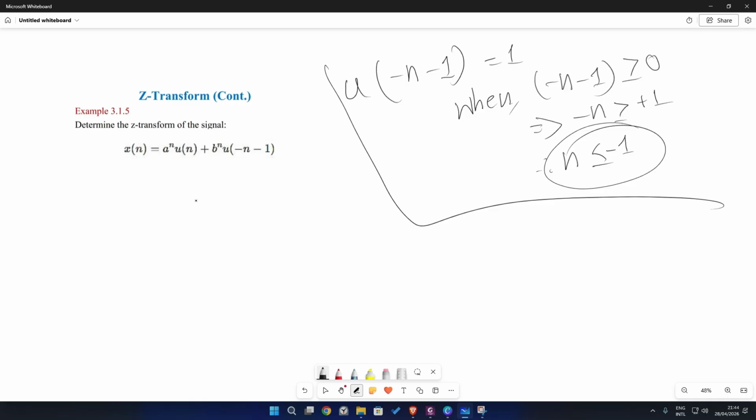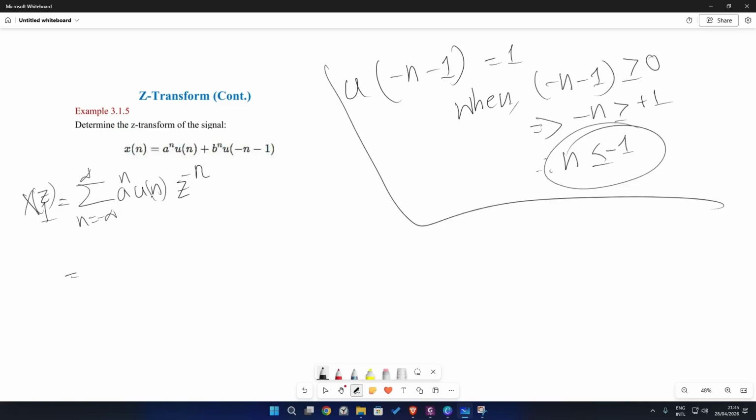Now let's divide it into two parts. X1(z) will be the summation from n equals minus infinity to infinity of a to the power n u[n] z inverse n.